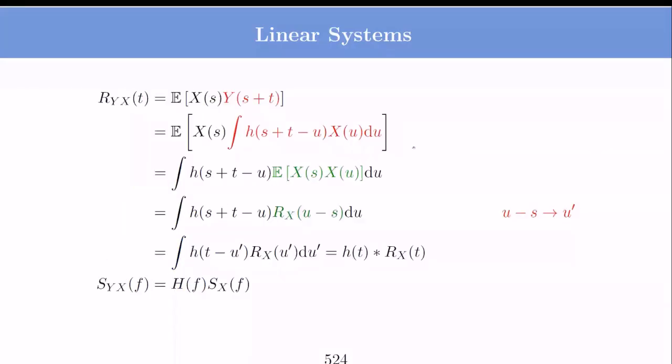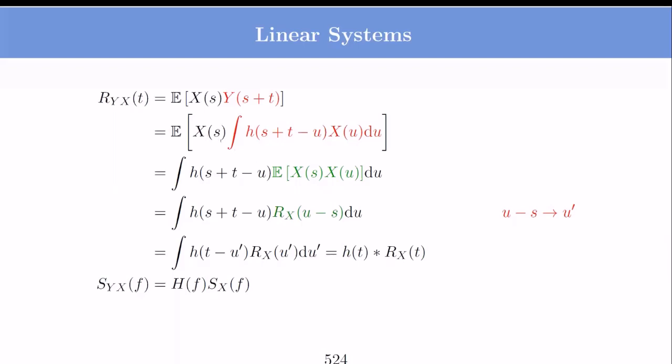Now let us look at the next result: what will be the cross correlation of x and y. R_yx(t) is defined as the expectation of x(s) into y(s plus t). This is by the definition we have seen earlier. Then instead of y(s plus t), I write it as the convolution of x and h, which gives h(s plus t minus u) x(u) du.